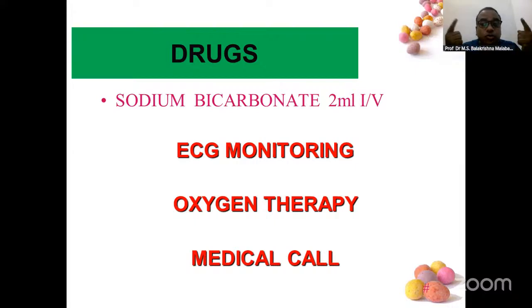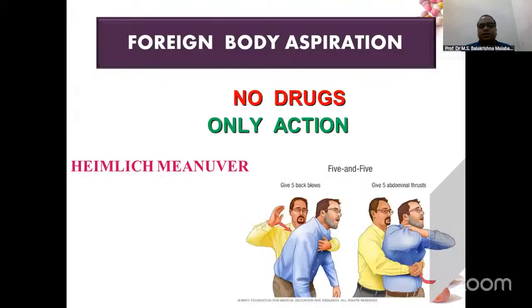At level 2, we'll be discussing what these drugs are. ECG monitoring: PQRS, all the intervals need to be checked. Whether there is depolarization, repolarization, atrial septal defect, ventricular septal defect, all those things you need to find out in ECG. Then you have to give oxygen and the emergency medical team should be activated.